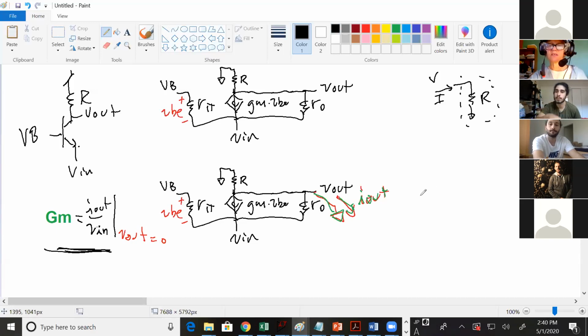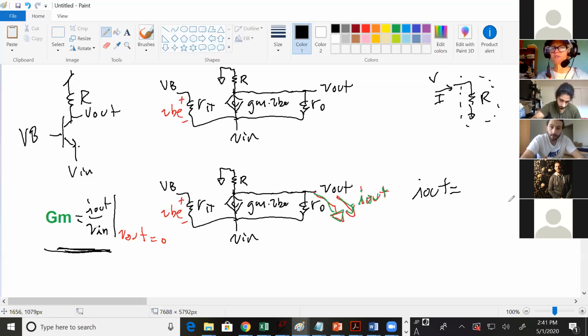So I say, okay, let's make an equation for I out. That is where I'd start making my equations. It's never clear just looking at the circuit where to start, but that seems to work well for me. If there's a current in the equation of the thing I'm trying to find, whether it's R out or R in or GM, taking that current and setting that up as an equation is usually a good place to start.